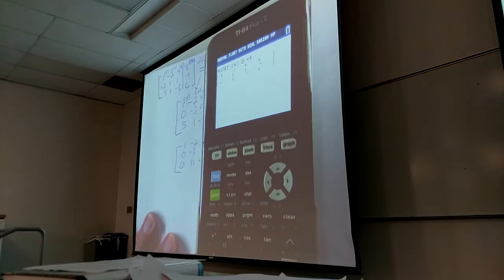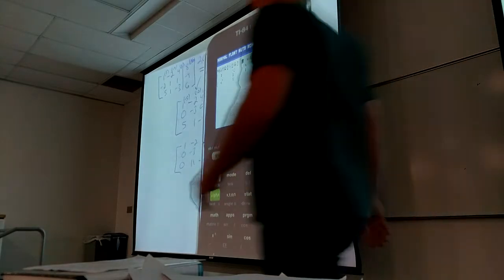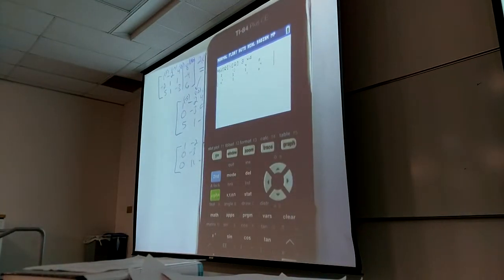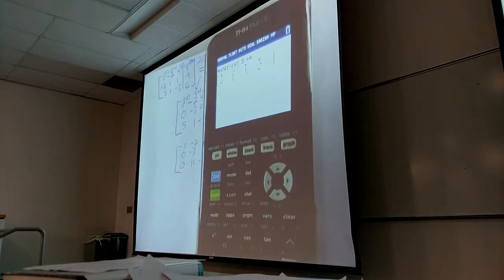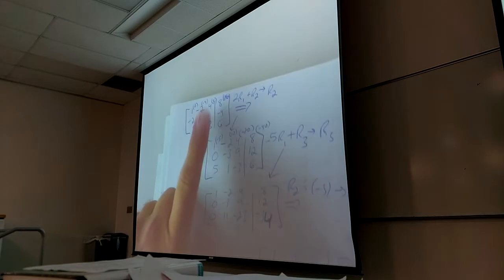Oh, so he says, what I have, does it look the same? Real quick. You can't fit the whole matrix on the screen on the old ones. And you have to put the numbers in that you want.